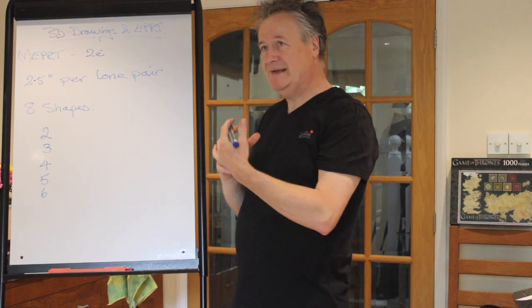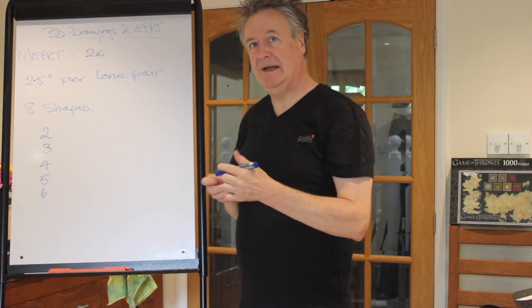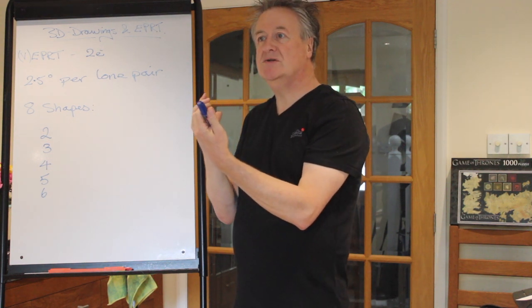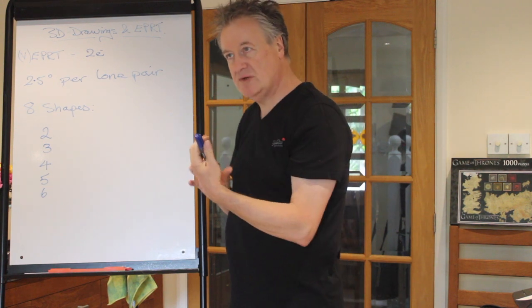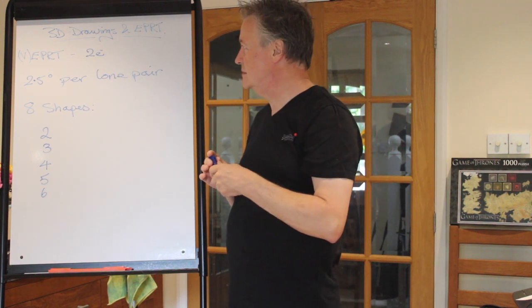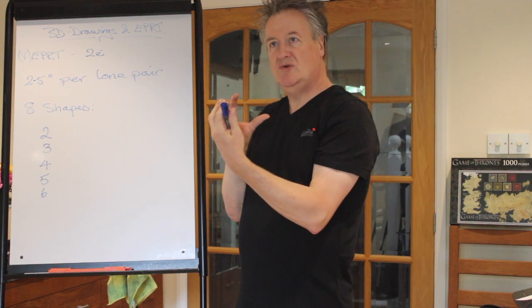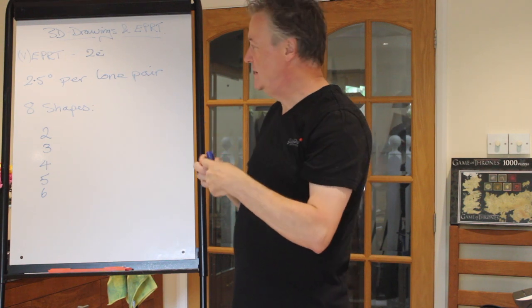What a lone pair does, because it's not bonding to an atom at the other end, is sit slightly more in towards the nucleus, the central atom, the centre of the molecule. Therefore it's more concentrated, so it pushes the bonding pairs away with more repulsion.